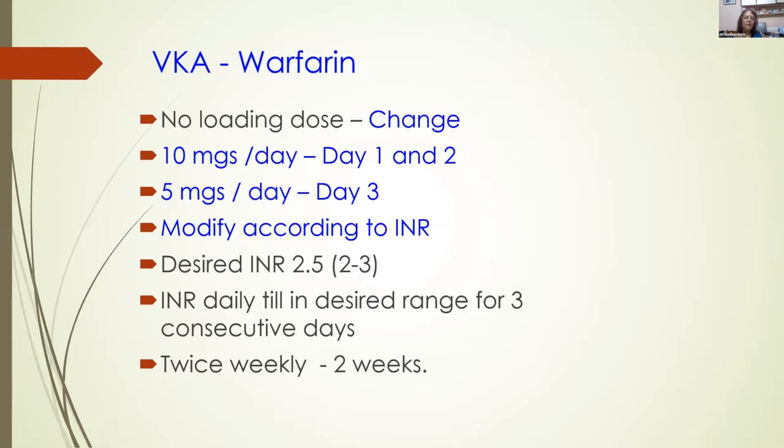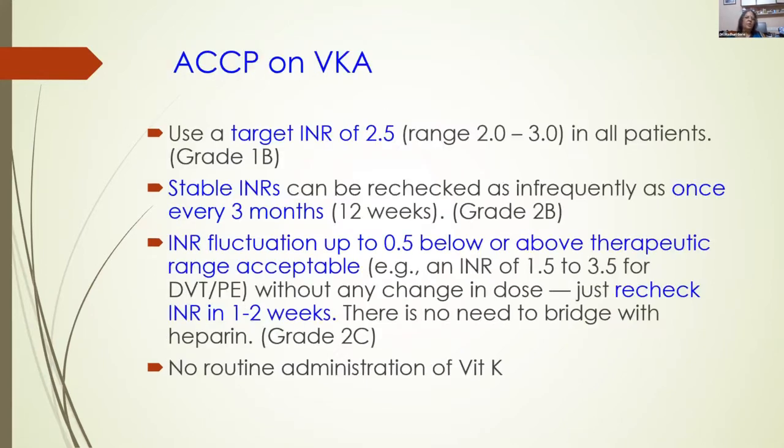After that, we can fix the dose and then keep doing INR twice weekly for 2 weeks and later on with less frequency. If we have reached the targeted INR, then it can be rechecked as infrequently as once every 3 months also. That is a grade 2B recommendation.